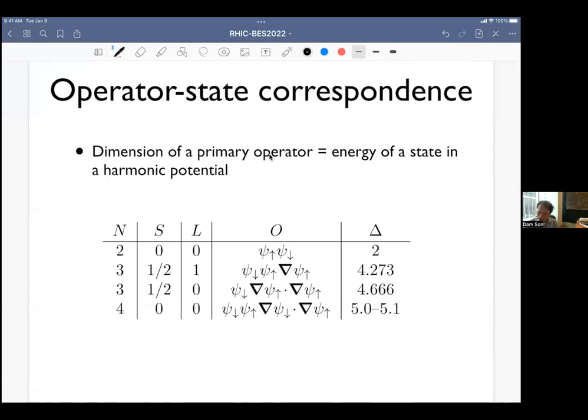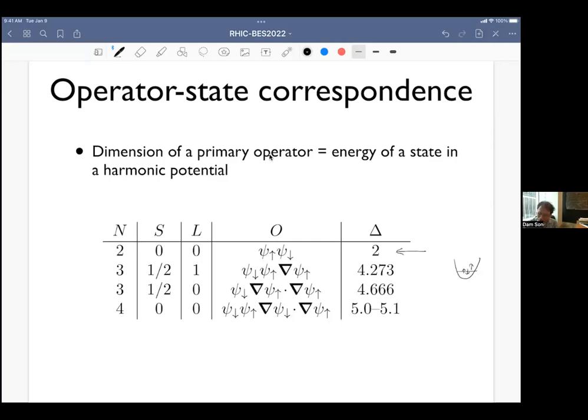And one sees the following. For two particles, the dimension is rather simple, 2. But when we put 3 particles in a harmonic potential, the quantum mechanical problem becomes rather non-trivial, but can still be solved basically exactly.